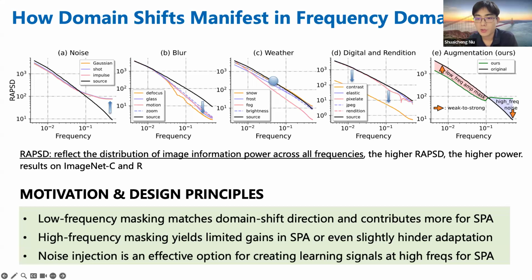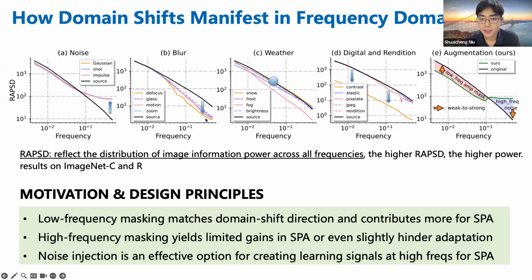The second motivation is that high frequency masking yields limited gains in SPA and even slightly hinders adaptation. This is because images at high frequency typically show very low absolute RAPSD values, especially for blur corruptions, where the high frequency RAPSD is already degraded.